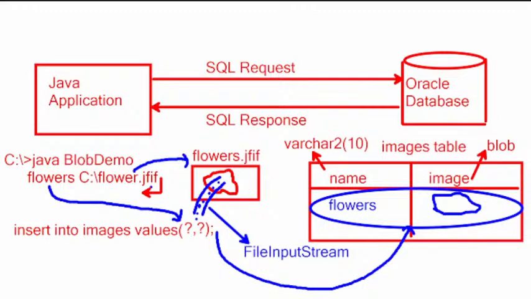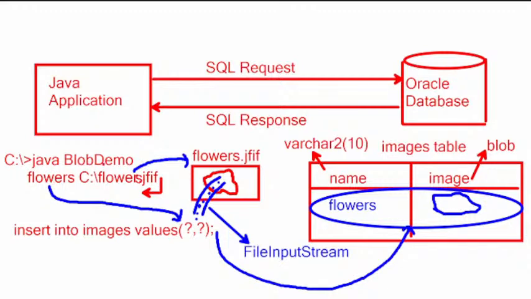So what we have to do is, at the command prompt, two parameters we have to pass. One is the name of the image. Whatever you want, you can write. File name flowers, and here it is also flowers. I gave the same names, flowers.jfif here and flowers here. Whatever you want, you can write, for identification purpose.